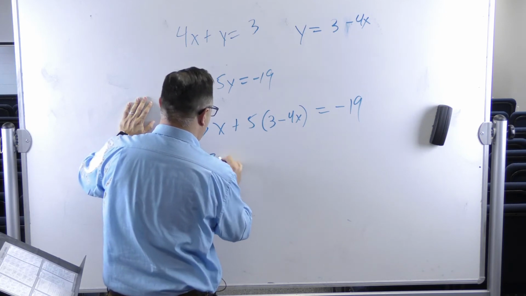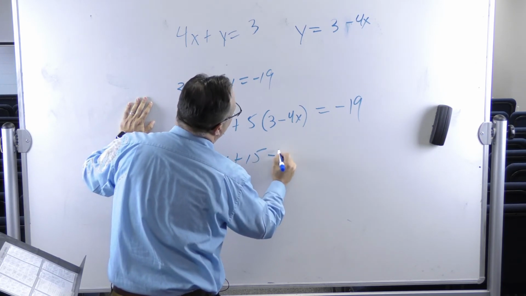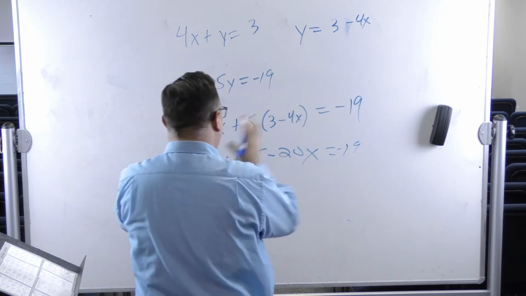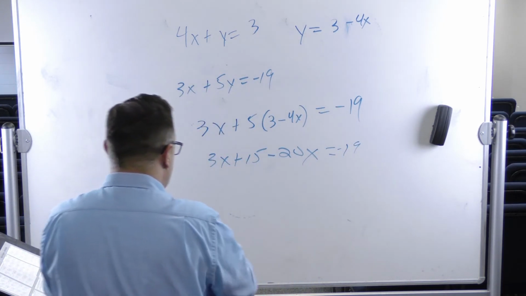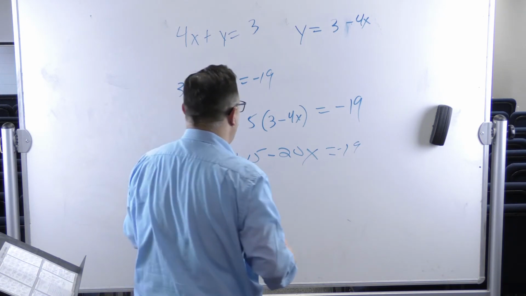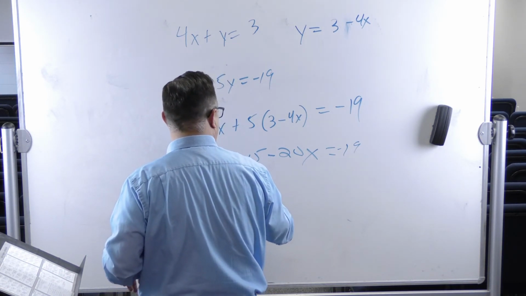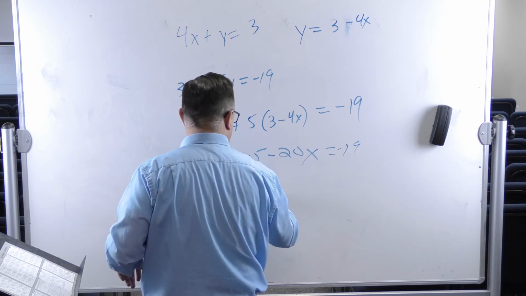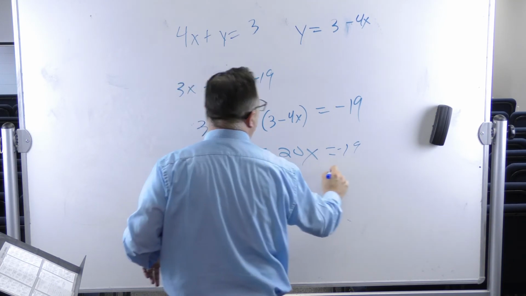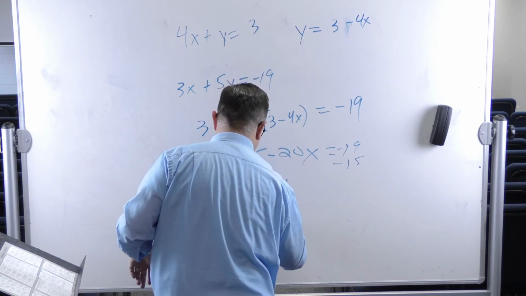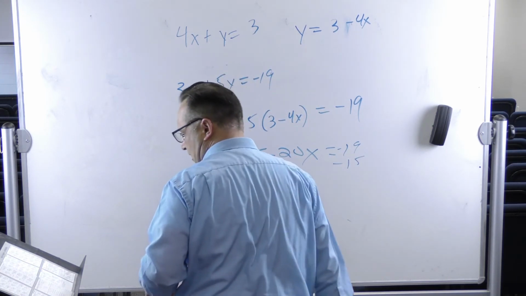This is 3x plus 15 minus 20x equals negative 19. There we go. Mucho más bueno. So that's going to make this now negative 17x equals negative 34. And x is going to equal positive 2.